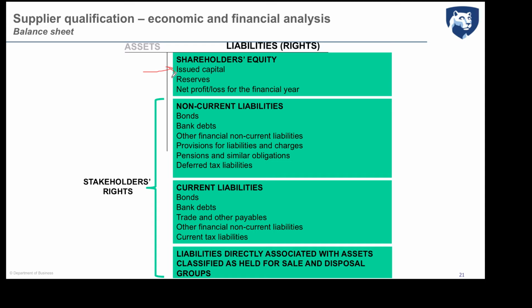In particular, shareholders have issued capital, so the capital that they have invested to open the company and make the company running possible, reserves that they have accumulated during the years, and again, if there is a profit or also a loss each year after the income statement, this profit or loss is absorbed by shareholders because they are the representative of the company, they are the main investors.